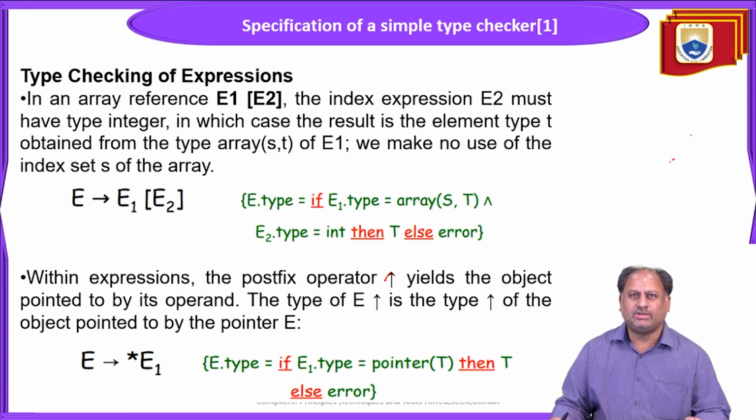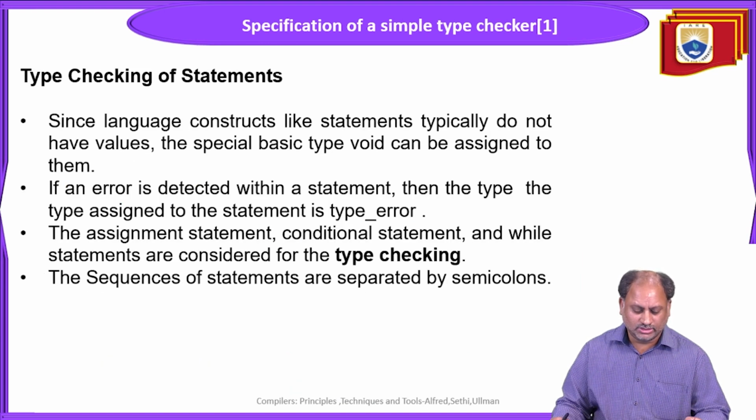Array means E1 of E2, an array of values, and a pointer points to the objects by its corresponding operand. The object pointed to by the pointer, expression E, can be verified. If both are matched, it gives the corresponding result, else errors.